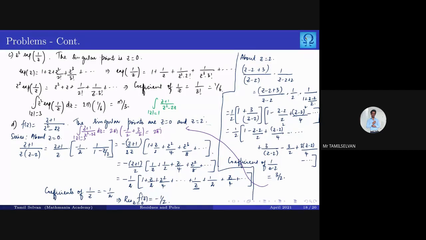This integral value is going to be simply 2 pi i multiplied with minus 1 upon 2, that is minus pi i, because only this point lies inside this. But both these points, the 0 and 2, are lying inside absolute of z equals 3. Is that clear?